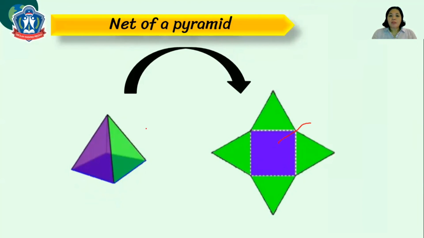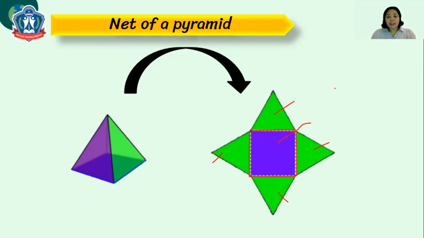So this is a square-based pyramid, because at the bottom is a square and it has 4 triangles on the side. If you have a square pyramid, make sure that in your triangle here, one side of your triangle has the same length as your square. This one. So this is the net of a pyramid.